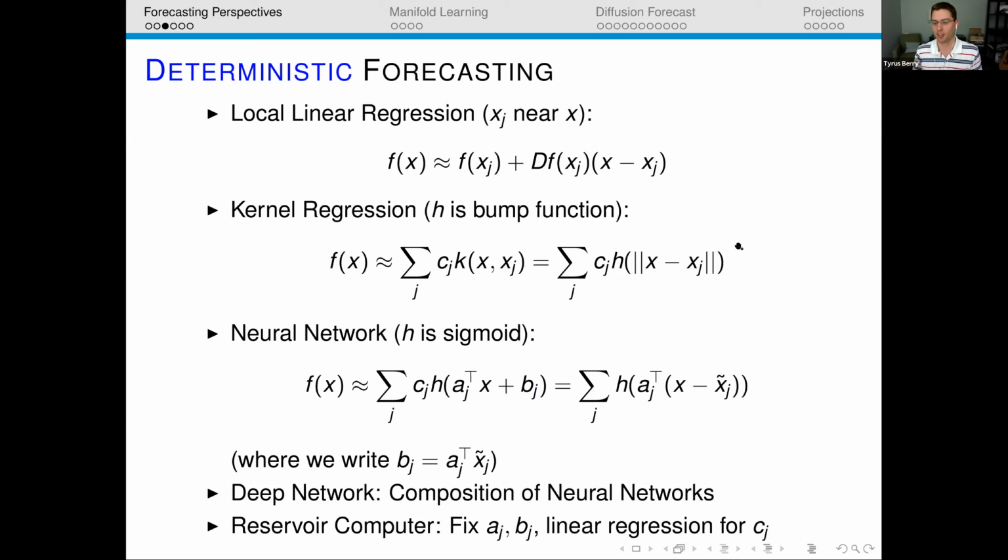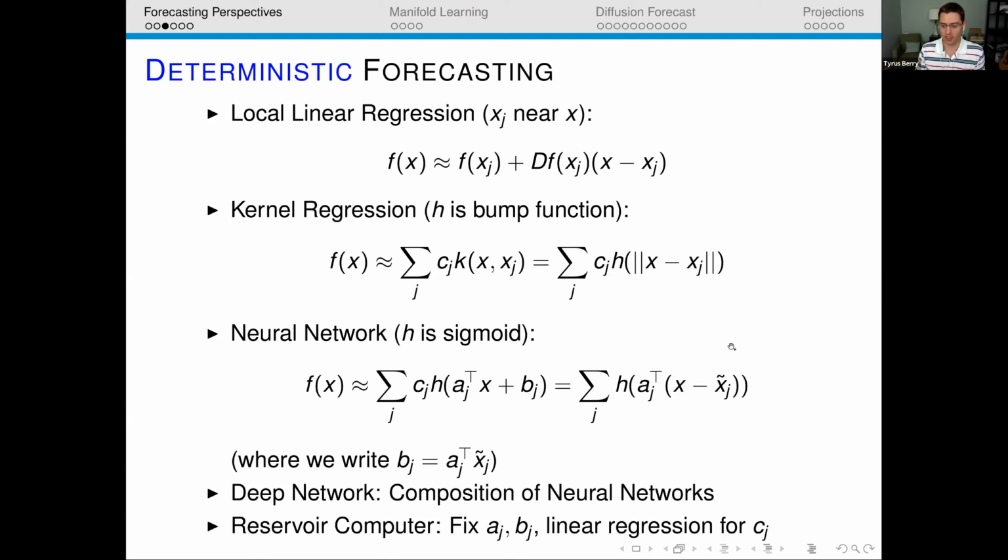So already there's a nice similarity to what was happening in the local linear regression. The function h decays, and you plug in a distance. As the distances get really large, h decays, and so essentially the point x only interacts with nearby points, and the decay of h controls how localized this function is.